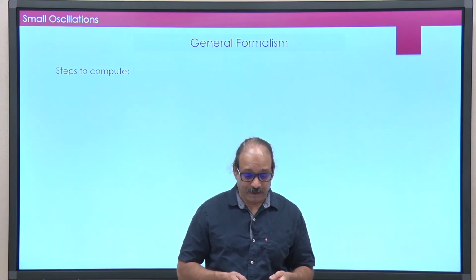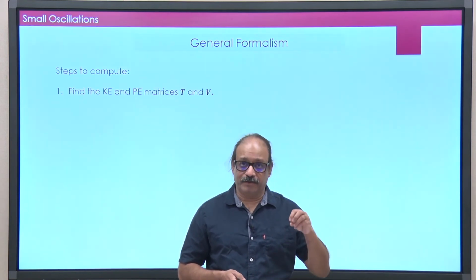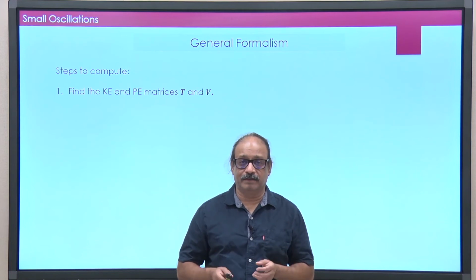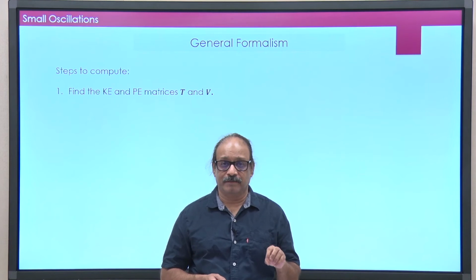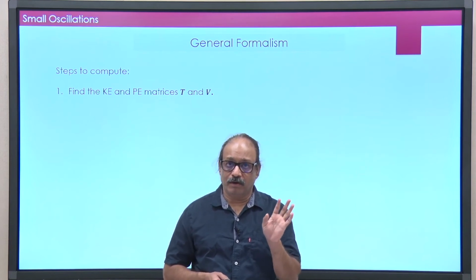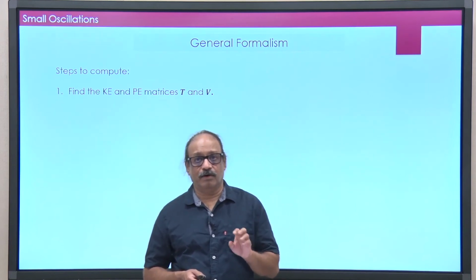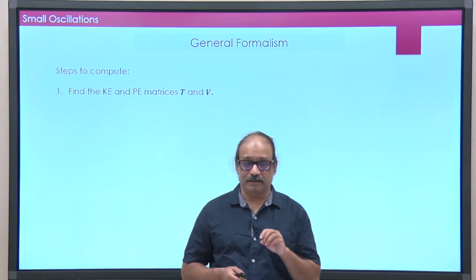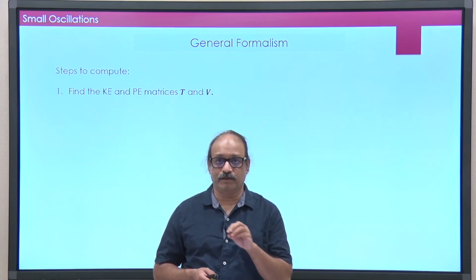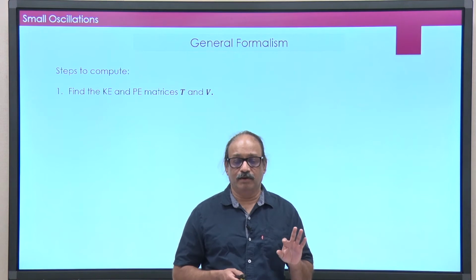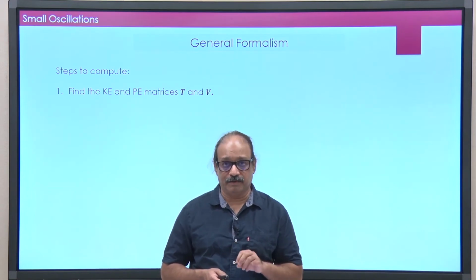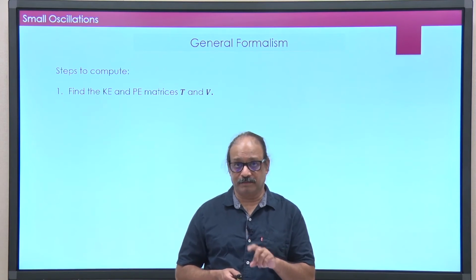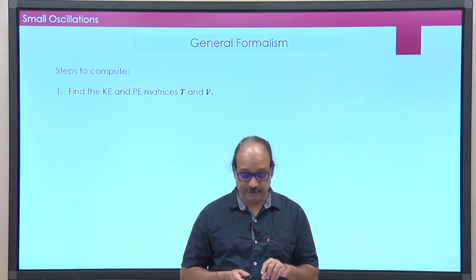So, the steps are: you first of course look at the problem, write down the Lagrangian, and identify your kinetic energy matrix by ignoring all the dependence on individual coordinates. So, q 1 to q n, you ignore them or replace them by the equilibrium values, okay? Not the velocities, remember, you have to keep the velocities as they are.